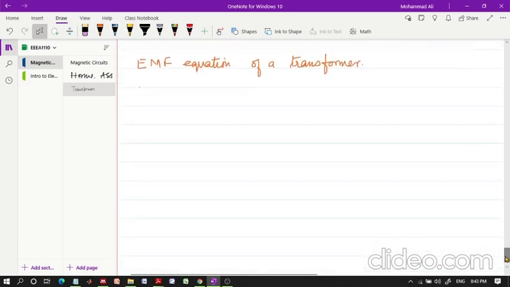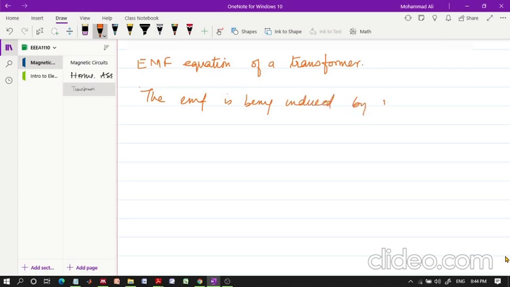So the EMF that is being induced in both the windings is induced by the mutual flux, right?